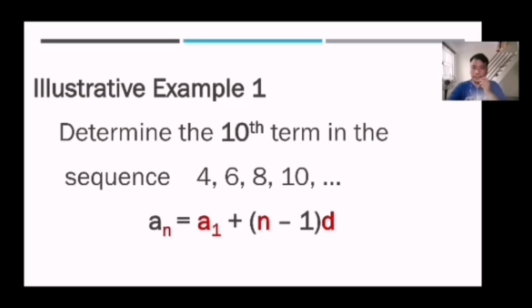Okay, so they are n, a sub 1, n again, and d. But don't worry, all the values that we'll be needing can be found in the problem itself. Okay, so let's try to find those values.